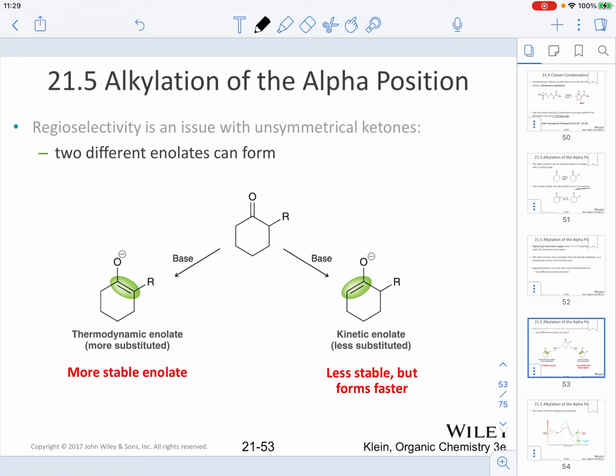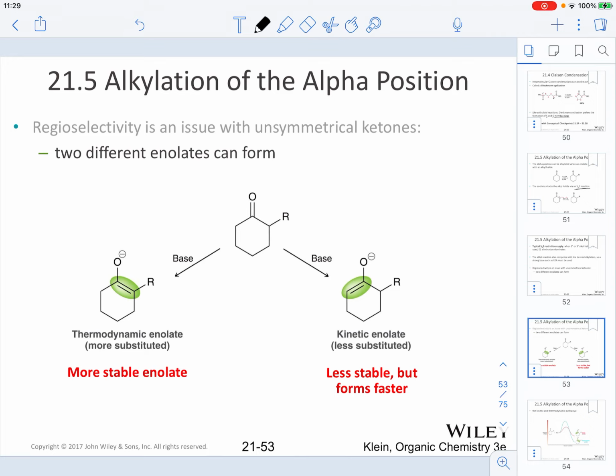Here we have an example of what can occur if you have a ketone that is substituted and not symmetrical. As you can see, the use of base is going to produce two different enolate intermediates.